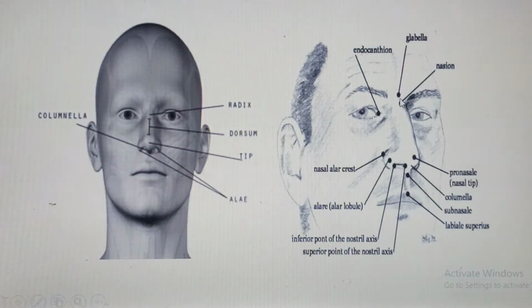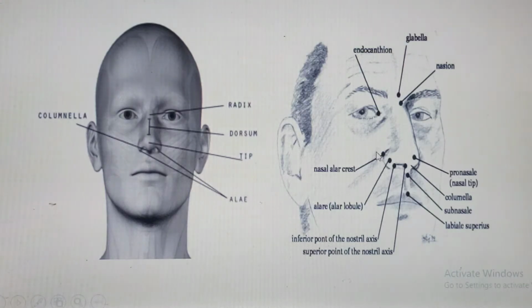And beyond the nasion, above, you have the glabella, that protuberance in the frontal bone. We are not going into that detail. But if I look at the ala of the nose, the ala also bears some features which are shown over here. At the posterolateral aspect of the ala, I have the nasal ala crest.